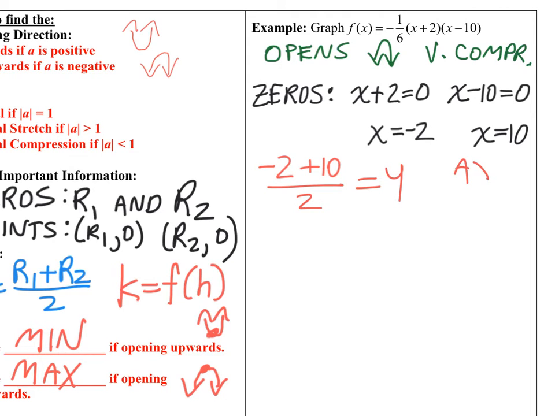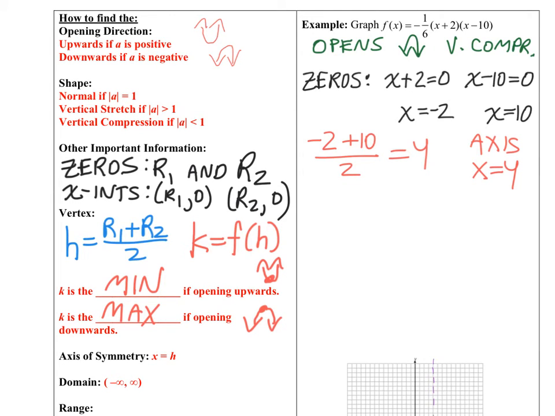That means that my axis of symmetry is going to be the vertical line x equals 4. Again, if you're more of a visual person, what I could do is I could just plot my two zeros at negative 2, 0 and at 10, 0. And then if I count evenly in between them, I see that the middle of those 2 points is on x equals 4.